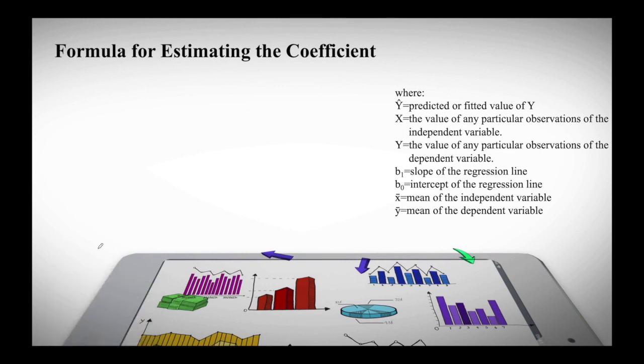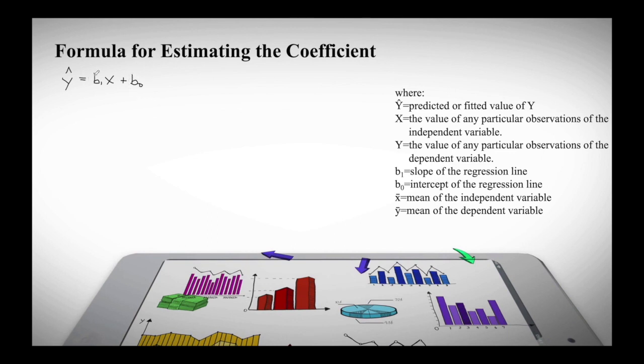Let's make it black. Okay, so we have the formula for estimating the coefficient. First is the formula natin for the model mismo ng regression equation. We have here y hat equals b sub 1 x plus b sub 0.